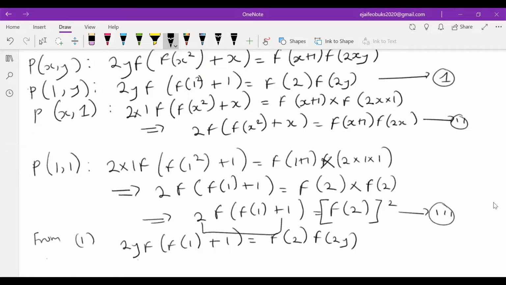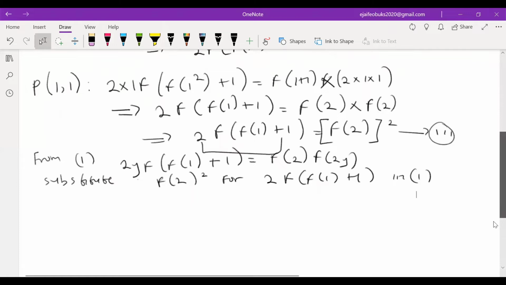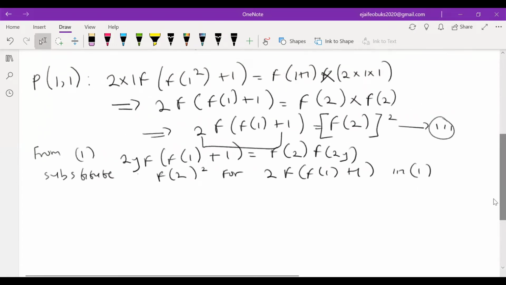So I can substitute f of 2 squared for 2 f of 1 plus 1 in 1. When I do this, I have that y times f of 2 squared is equal to f of 2 times f of 2y.